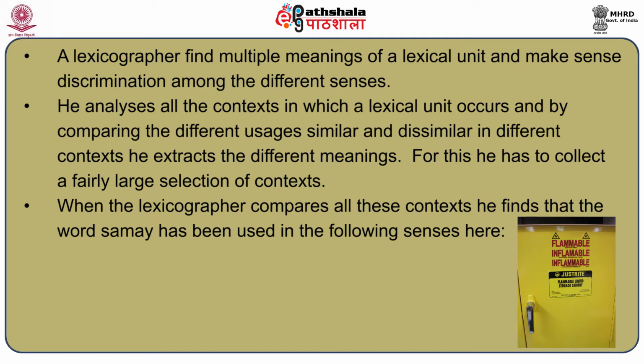He analyzes all the contexts in which a lexical unit occurs, and by comparing the different usages, similar and dissimilar in different contexts, he extracts the different meanings. For this, he has to do a large selection of contexts. To determine meanings involves analysis of all the contexts and all the combinatory possibilities of a lexical unit.